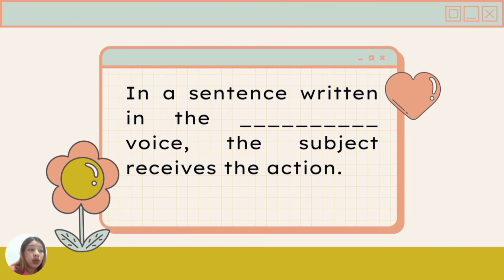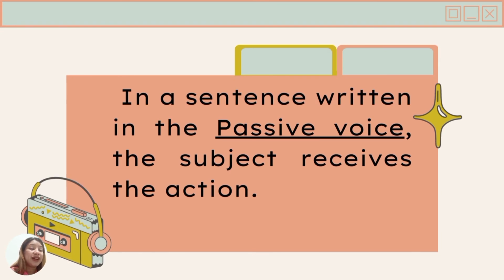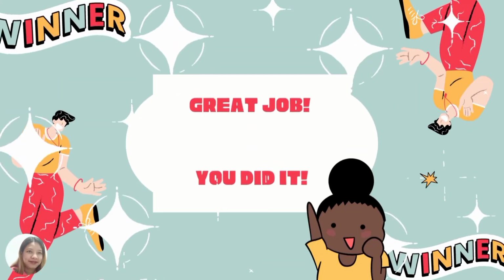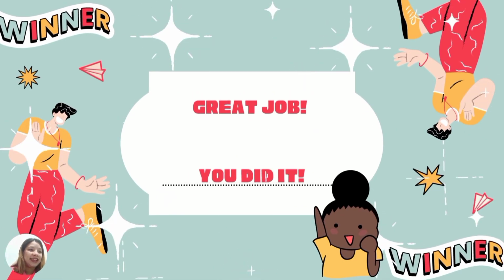In a sentence written in the blank voice, the subject receives the action. Great job! The correct word is passive voice. In a sentence written in the passive voice, the subject receives the action.